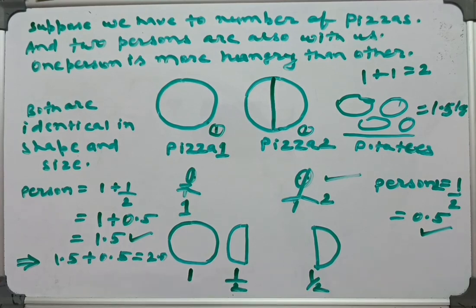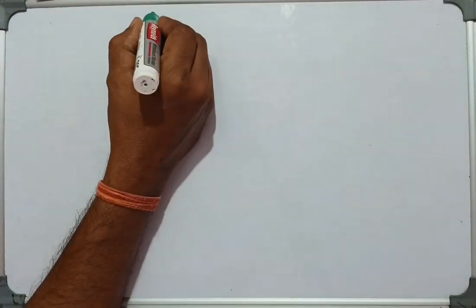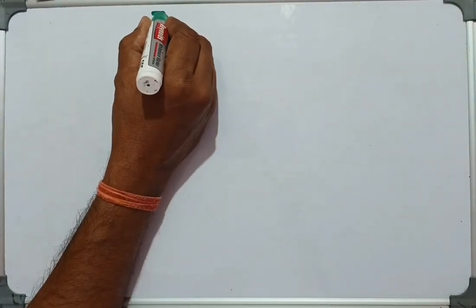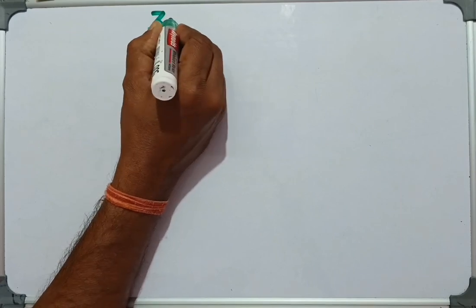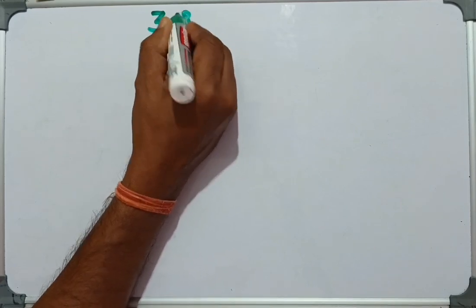Okay guys, now next we will see terms used in a decimal number and how we read it. Suppose I have considered a decimal number 3.8 here.